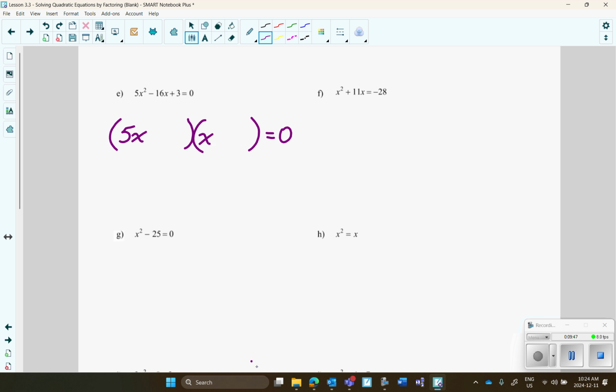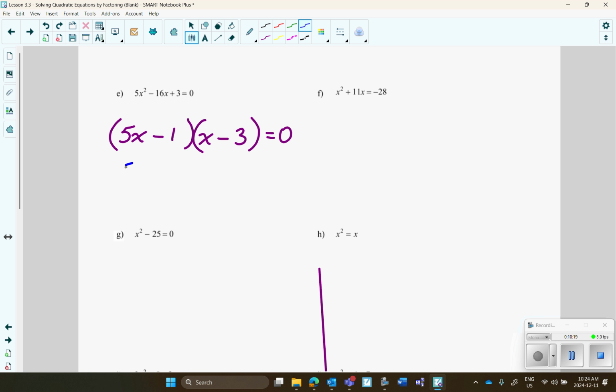So the numbers have to multiply to get +3, but notice in the original there's a negative in the middle. So both of them have to be negative. The question is, is it -3 and -1 or -1 and -3? -1, -3. Because that will give us -15x on the outside, -1x on the inside, which together make -16.